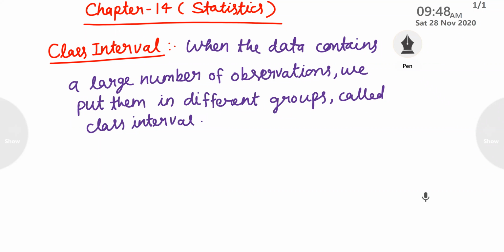If a large number of data is there, we want to put them in different groups, that is called class interval.